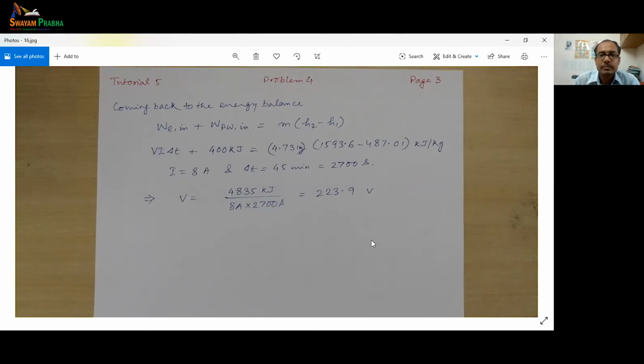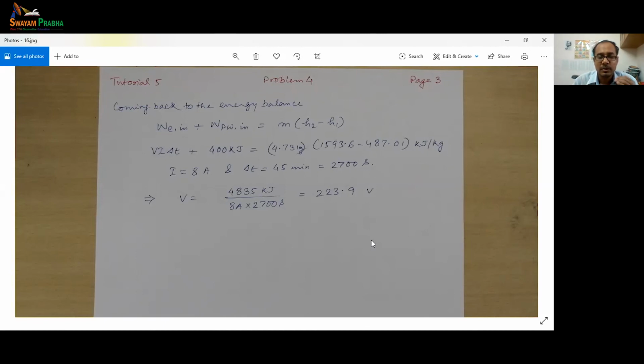Here we have heavily depended on the property tables, and that is why I dedicated two tutorials to looking up numbers in the property tables, to give you hands-on experience.